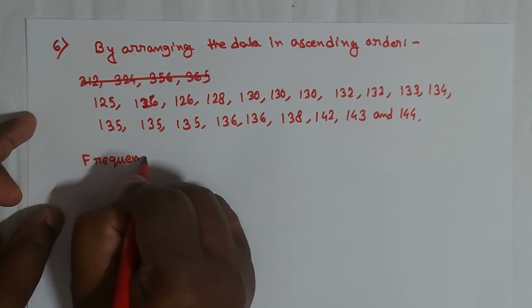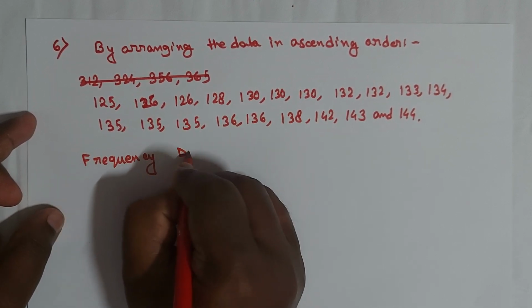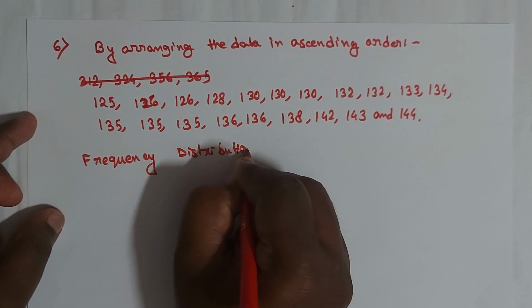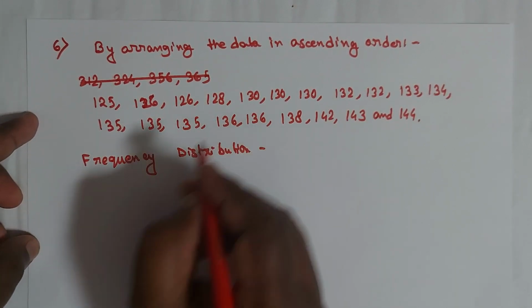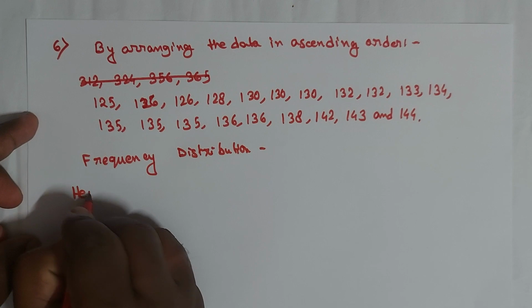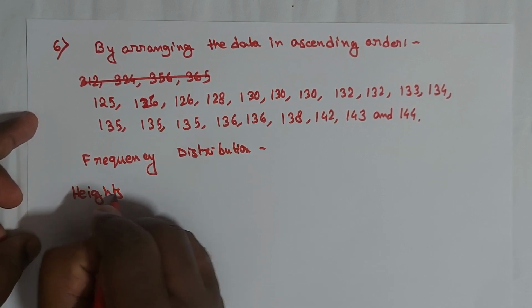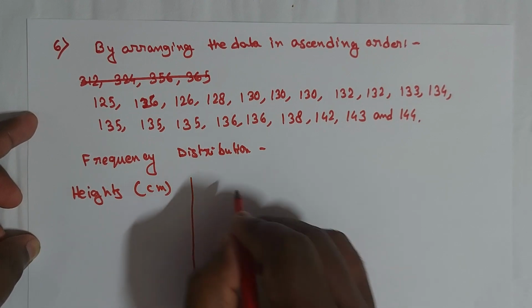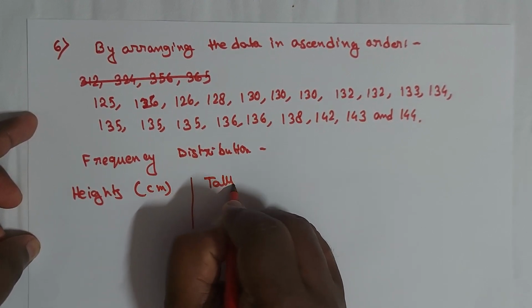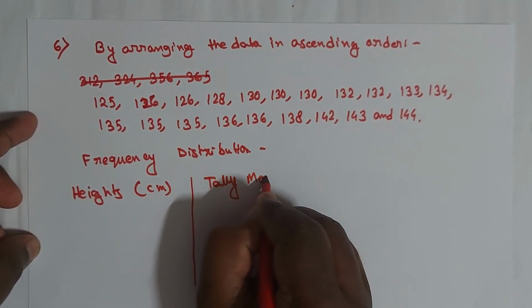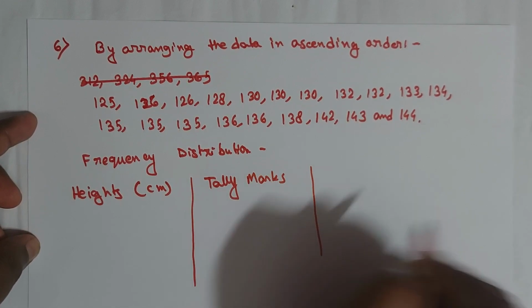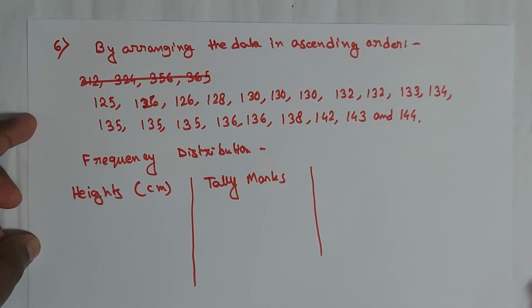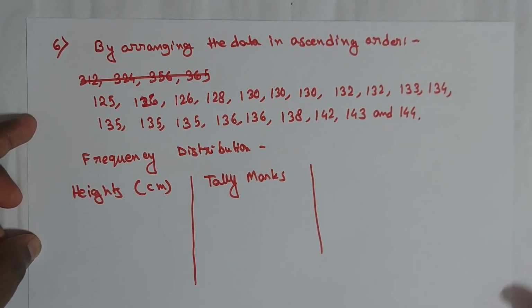So frequency distribution. First will be heights in centimeters, then tally marks, after that frequency.